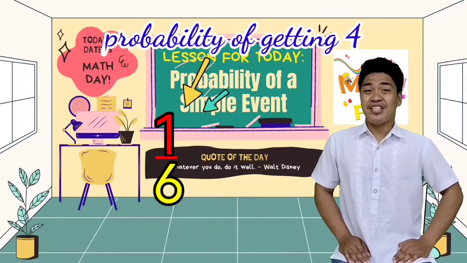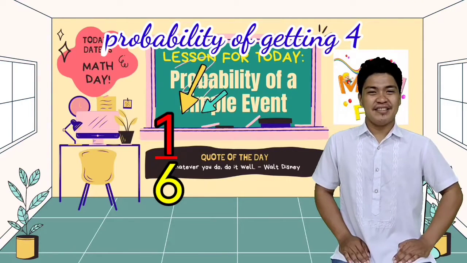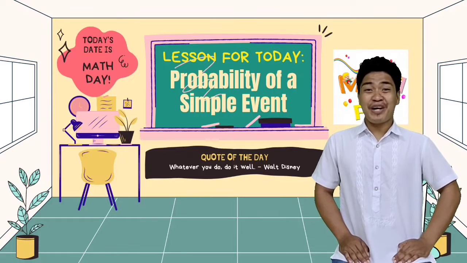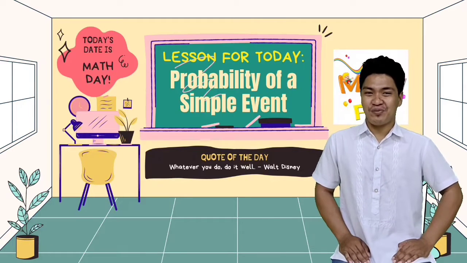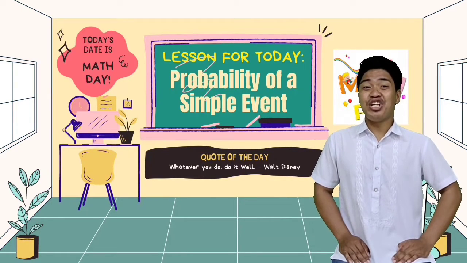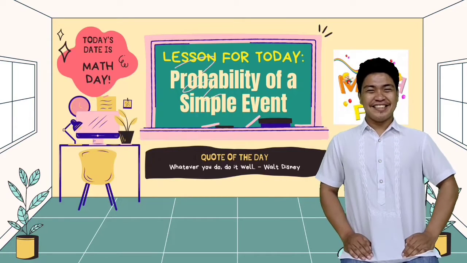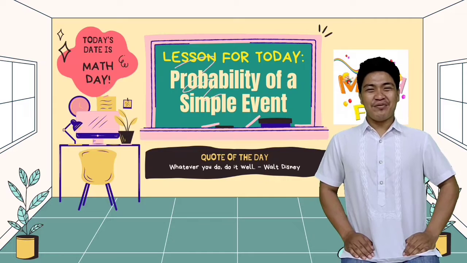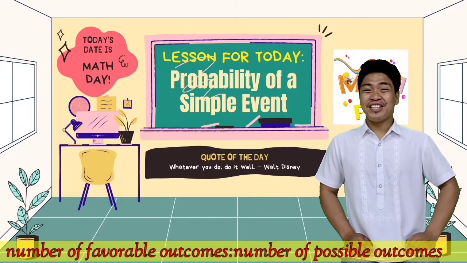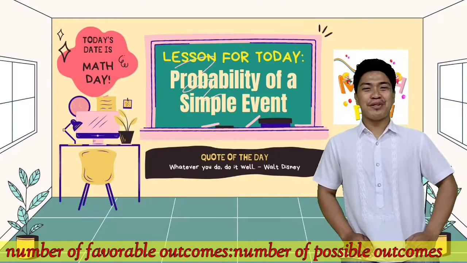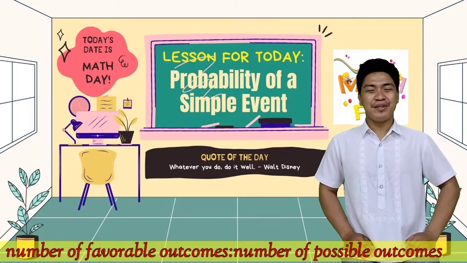Therefore, the answer is 1/6. It is easier to express our answer in fraction form, but make sure to simplify the fraction to its lowest term. The probability of an event is the ratio that compares the number of favorable outcomes to the number of possible outcomes.